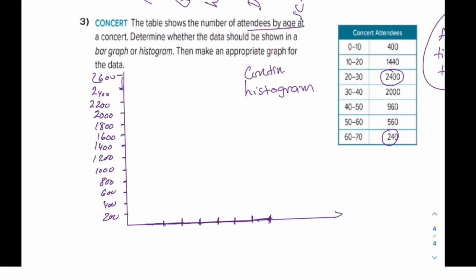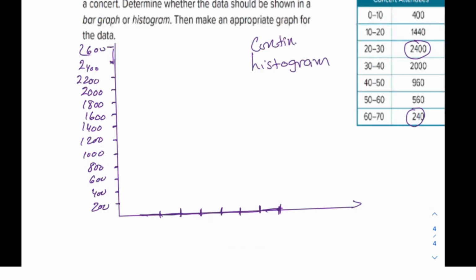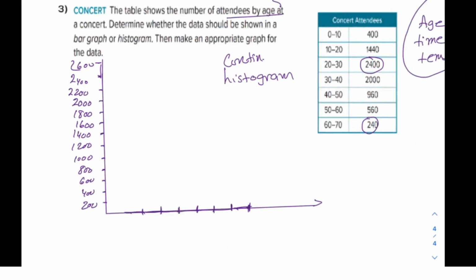Okay. Let's start. 0 to 10 is 400. So starting with 0 to 10. So from here, 0 to 10. Going up to 400. So this is the first one. Next one, 10 to 20, 1,440.